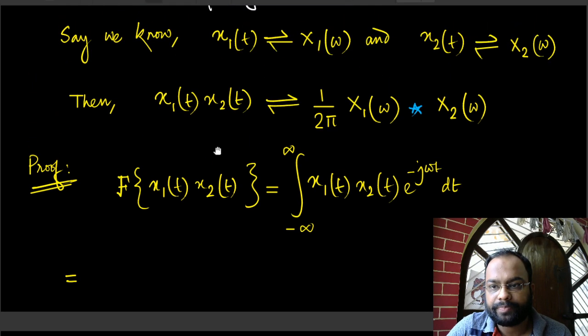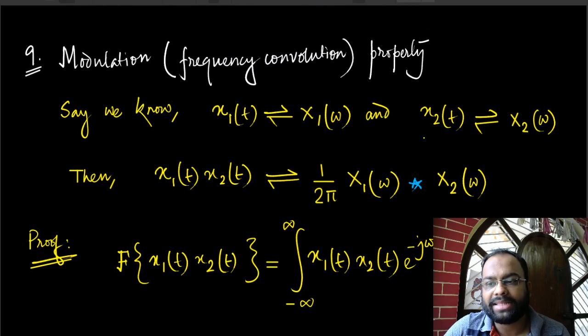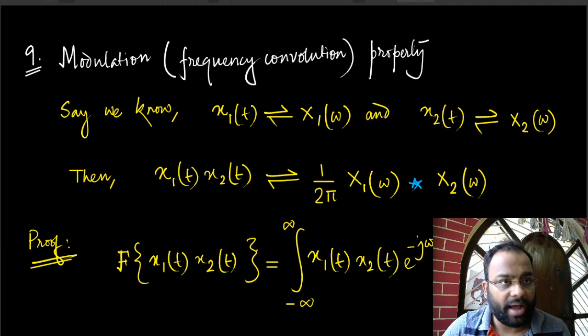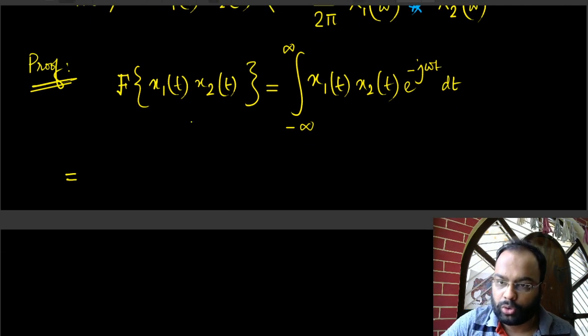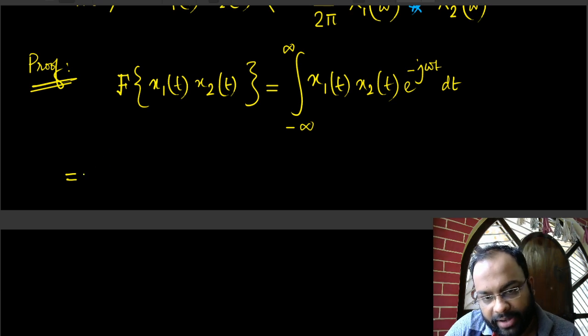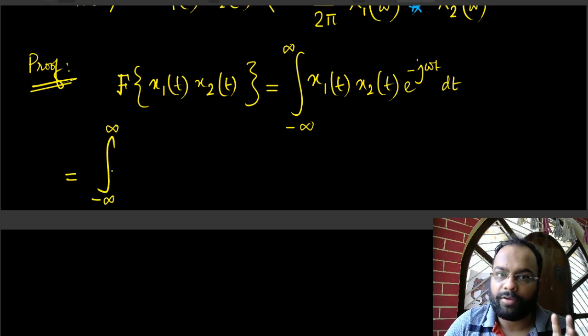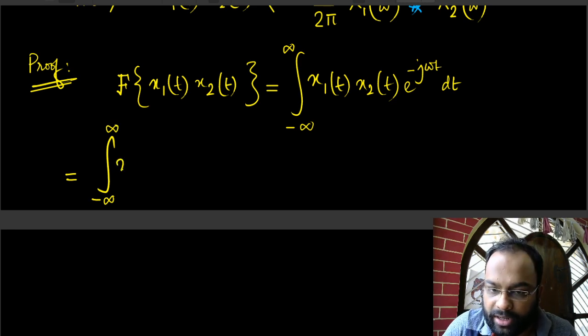I can go back and say x2 is the inverse Fourier transform of capital X2, right? x2(t) is the inverse Fourier transform of X2(omega), and when that's true, then I can write something like this. And again, if you feel anything to be very difficult, feel free to ask.